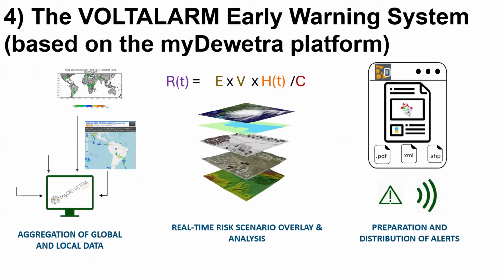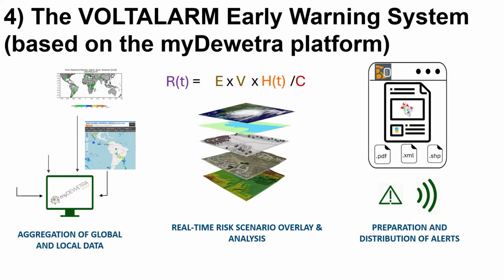So now, for these tools we use an open source tool. This is MyDewetra. Before using MyDewetra, we have to collect data from institutes in the 6 countries, make a scenario, and prepare the alert distribution.